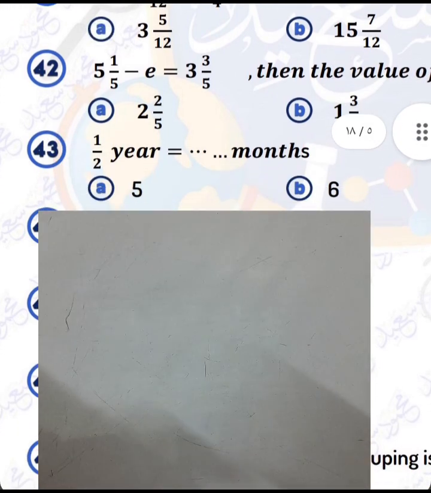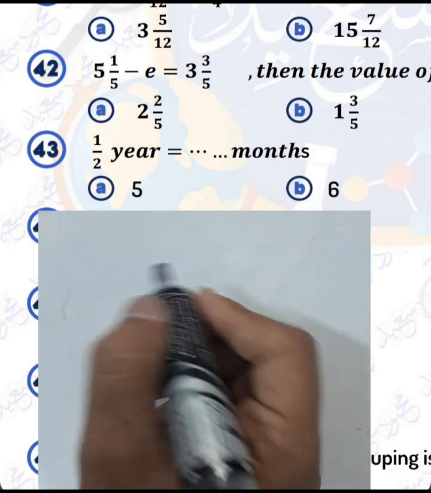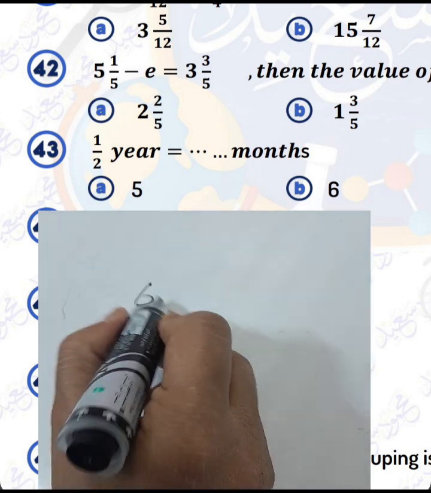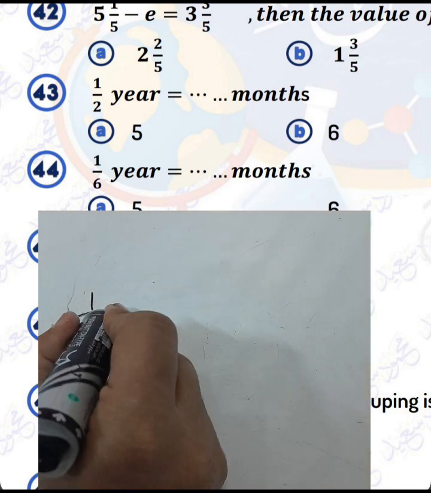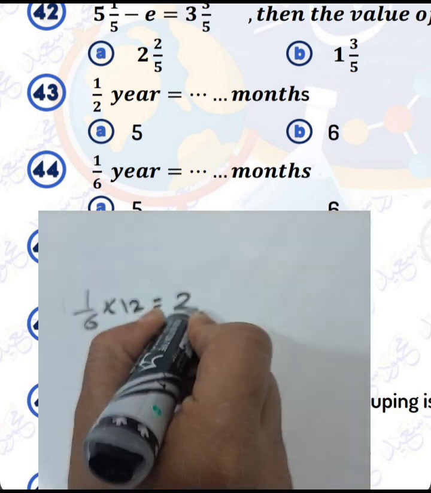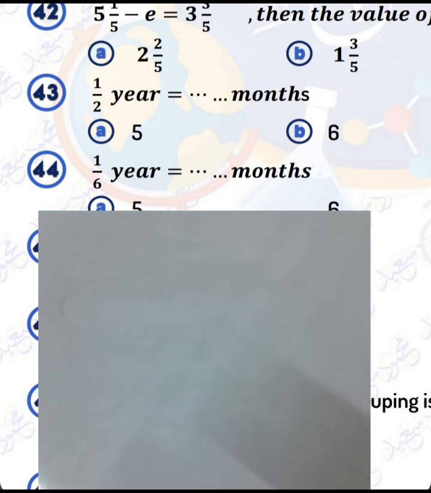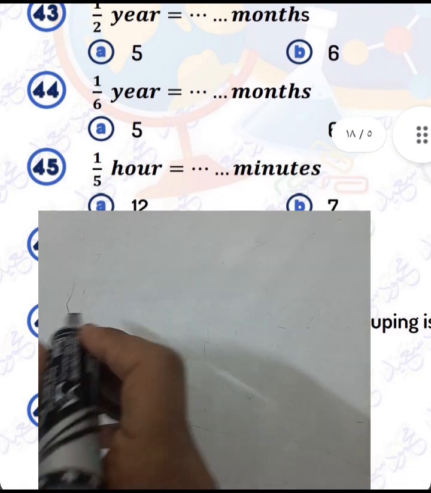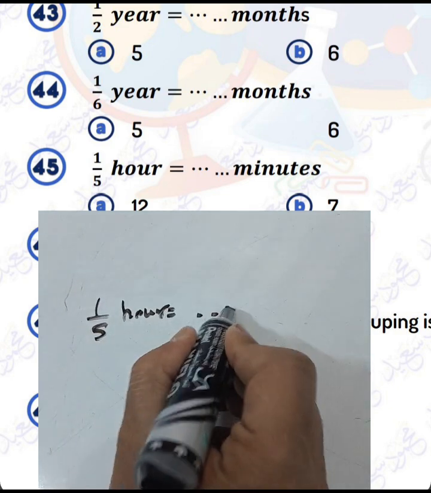Half year equals 6 months. Because 1 year equals 12 months, then half will be 6. 6 years, 6 is here, it will be 6 times 12, it will be 72 months. Half an hour equals how many minutes?